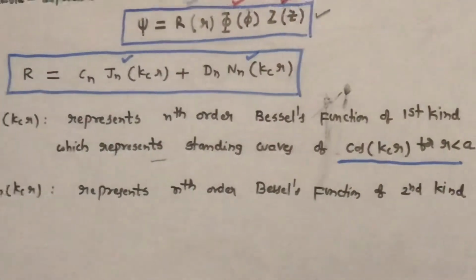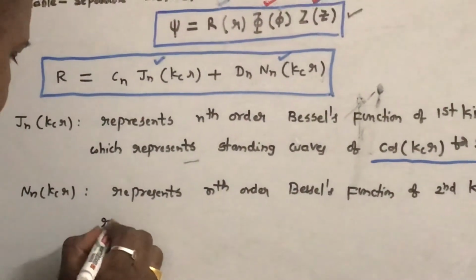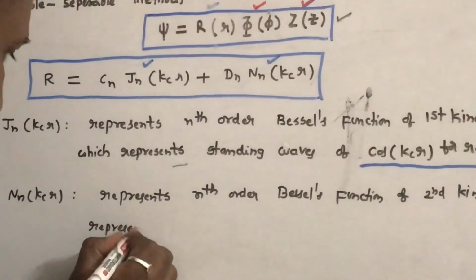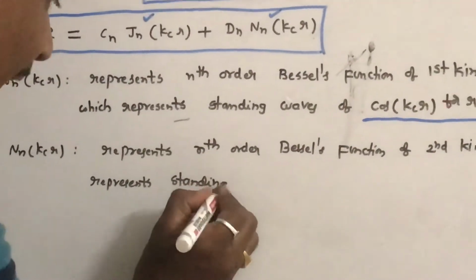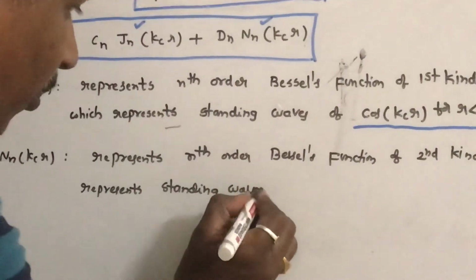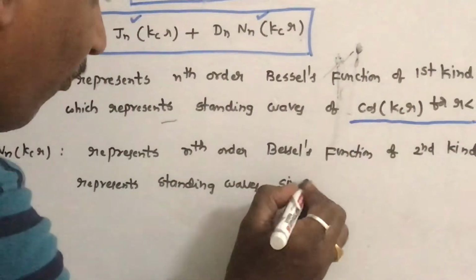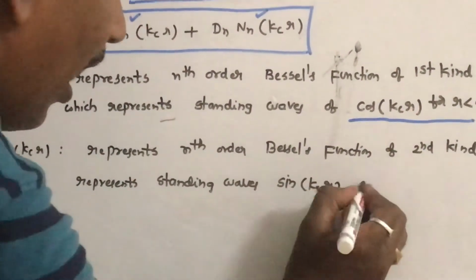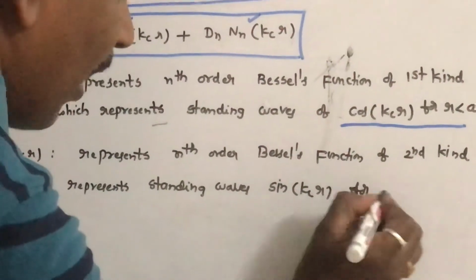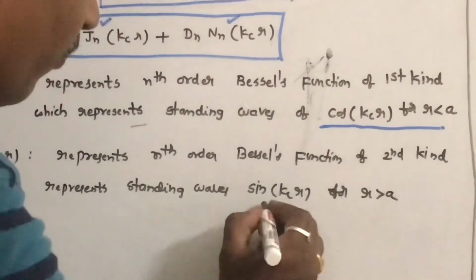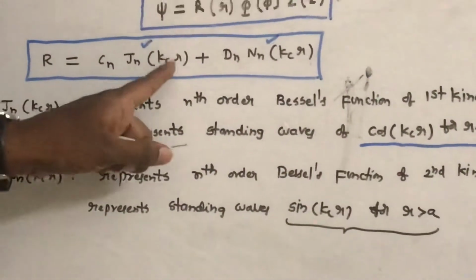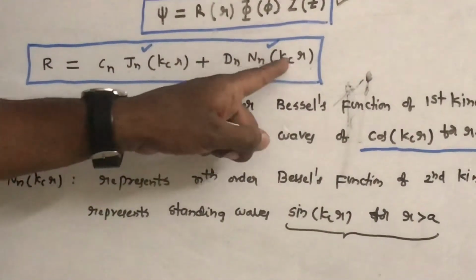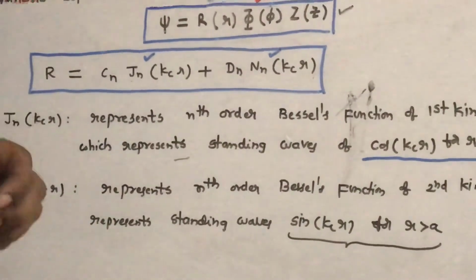The nth order Bessel's function of second kind represents standing waves of sine of kc r for r greater than a. So we have to remember these two: the Jn of kc r statement and the Nn of kc r definition.